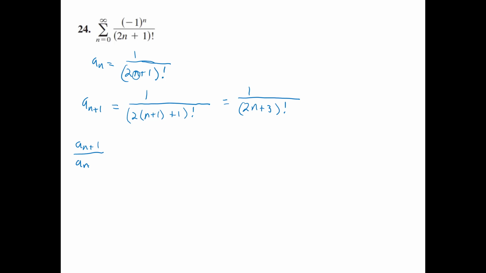Then we'll show that the terms go to 0, and then the series will converge. So again, a sub n plus 1 divided by a sub n is just to take a sub n plus 1, 1 over (2n plus 3) factorial, and multiply by the reciprocal of a sub n, which is (2n plus 1) factorial over 1.